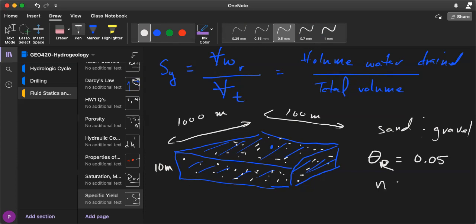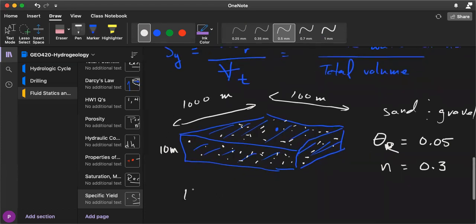And porosity for a sand and gravel is what? About 0.3 or 0.35. Let's say 0.3. All right. Calculate how much water is available.